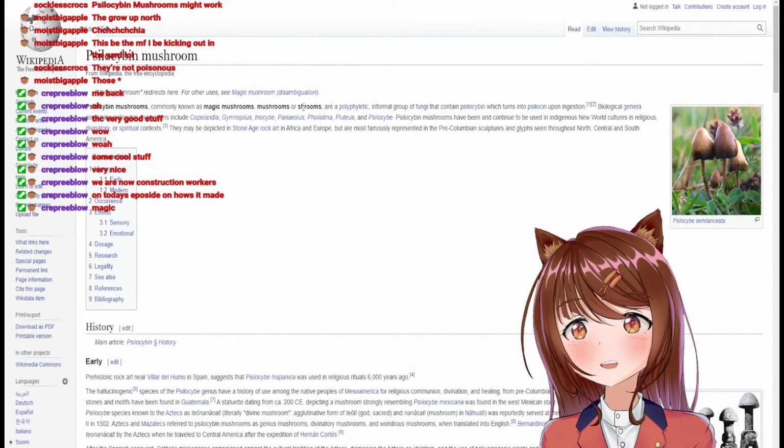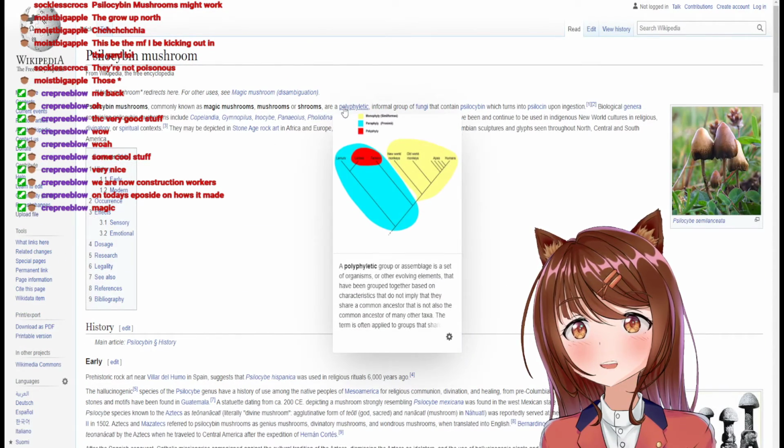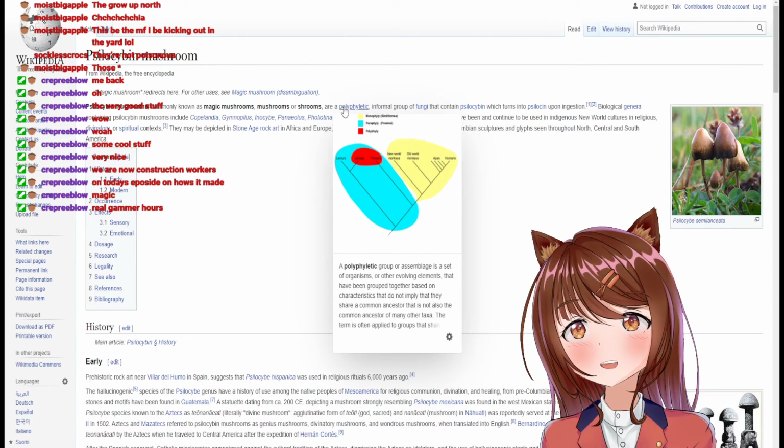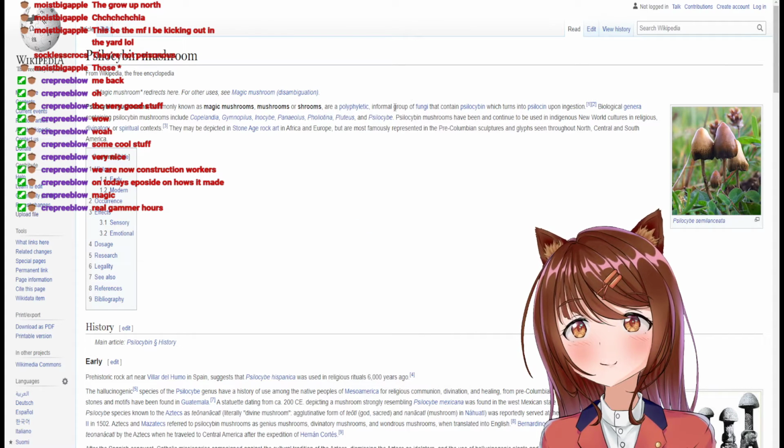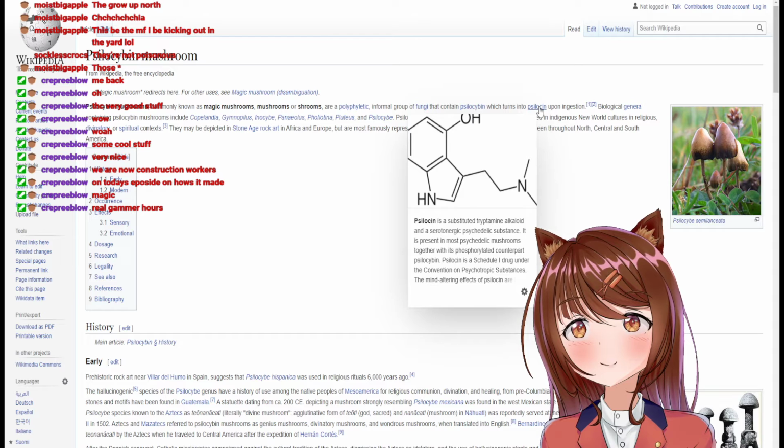What is this mushroom? Polyphyletic. Have been grouped together based on characteristics that are not duplicate. They share a common ancestor. Okay. Informal group that contain psilocybin, which turns into psilocin.